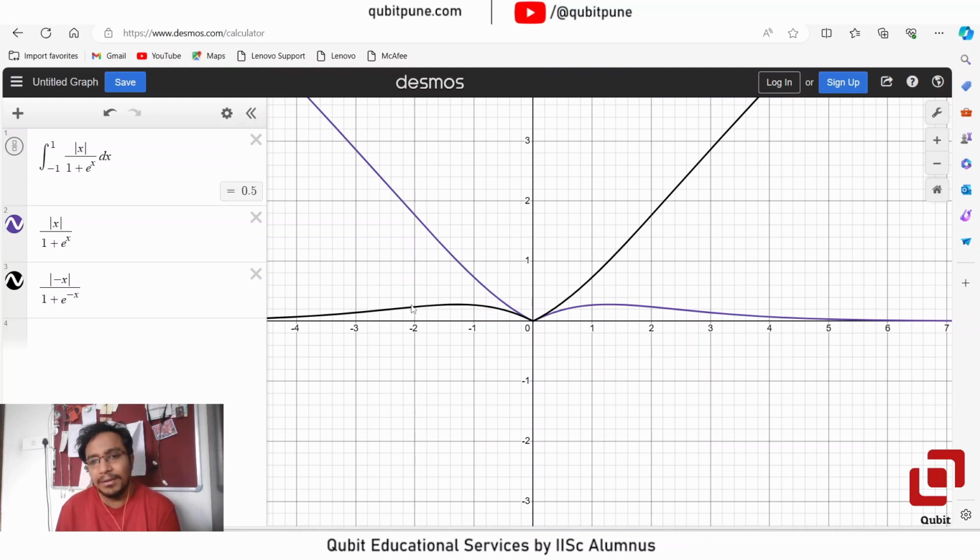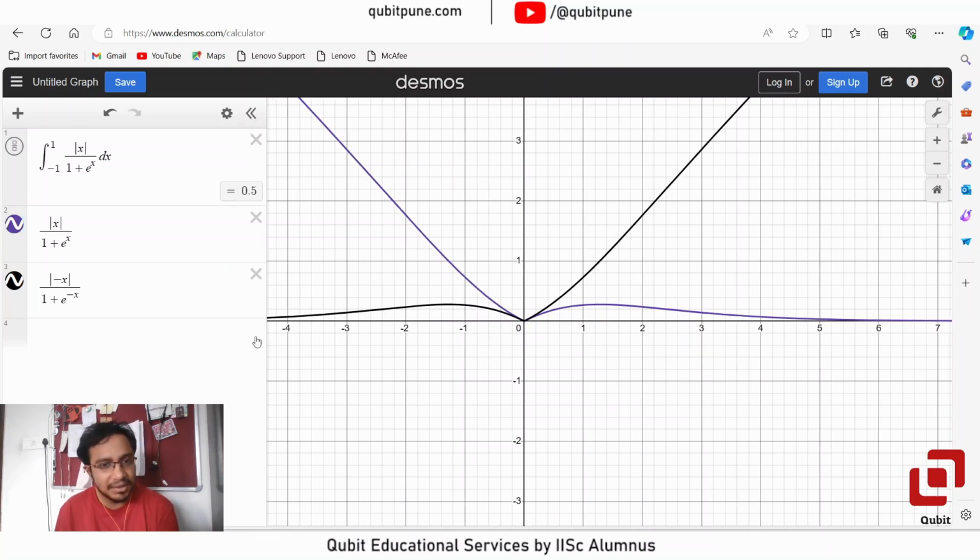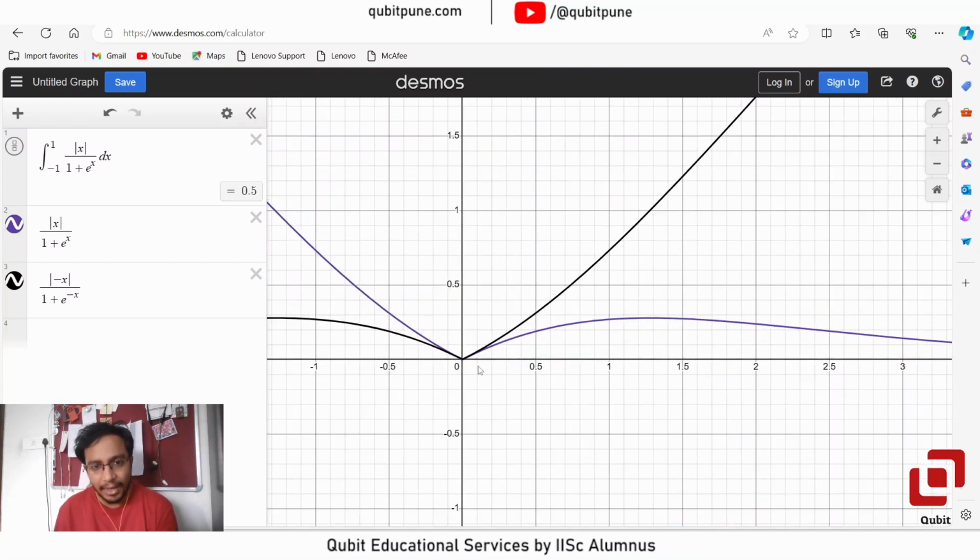Same thing with the black graph in the second quadrant and the blue graph in the first, which basically means that if we are to integrate mod of x upon 1 plus e raised to x from minus 1 to 1, I can make use of two functions' areas, one between 0 and 1 black and the other between 0 and 1 blue. Do you agree to this?